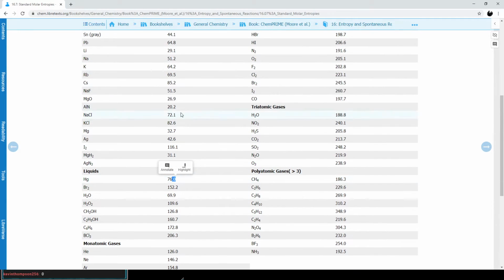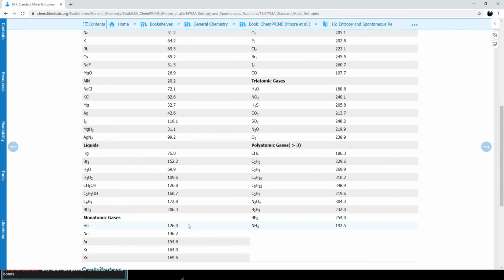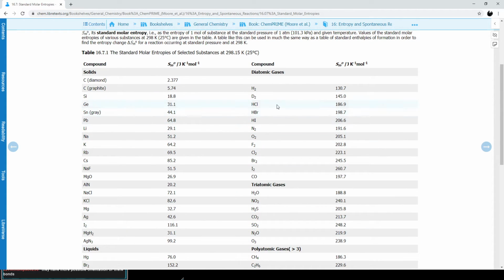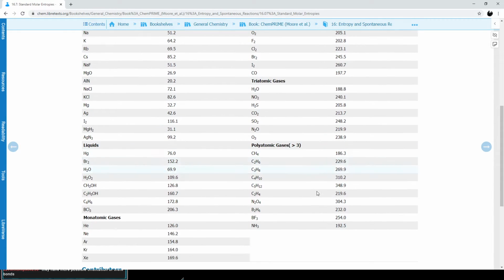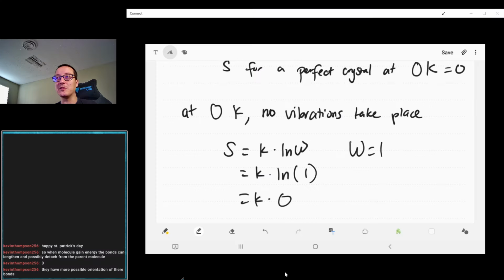If we look at a monoatomic solid, let's say sodium, 50, monoatomic liquid, 75, monoatomic gas, 126. Yes, exactly. And Kevin's absolutely right, as you go from monoatomic to diatomic to triatomic to polyatomic, of course you get bigger because you have all these different vibrational states within your molecules. So those are the trends that we're going to see with entropy values.